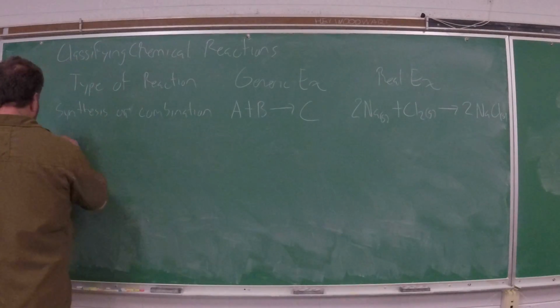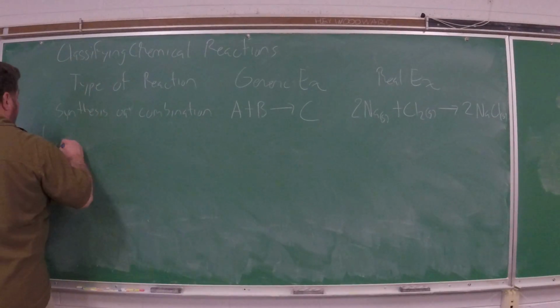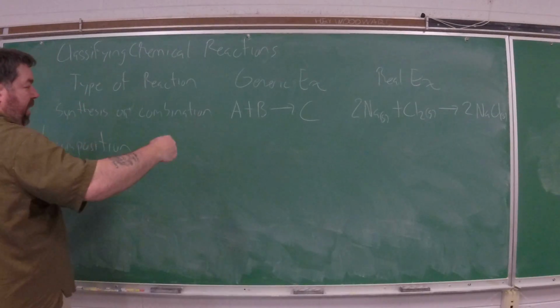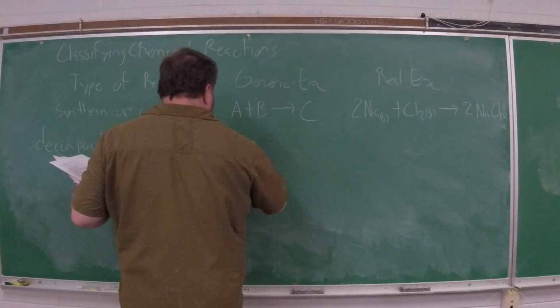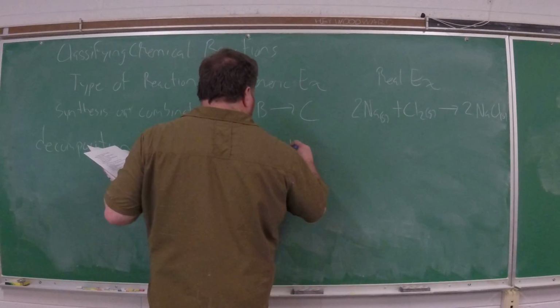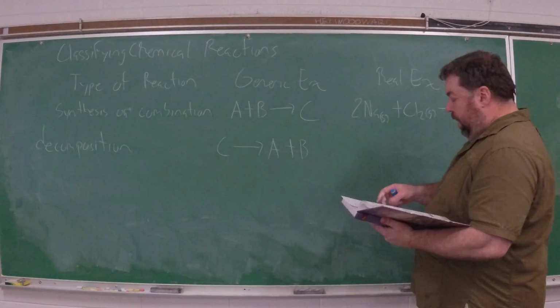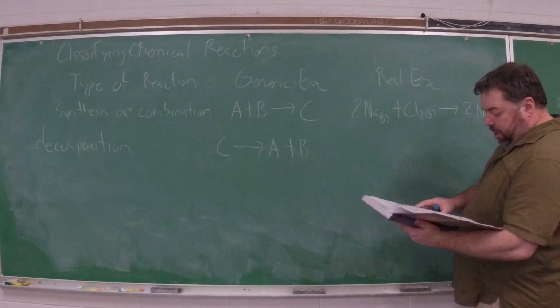Then we have decomposition reaction. That's actually the opposite of the first one. So we're going to have C break down to A plus B. I could reverse this equation, but here I'm going to use this.